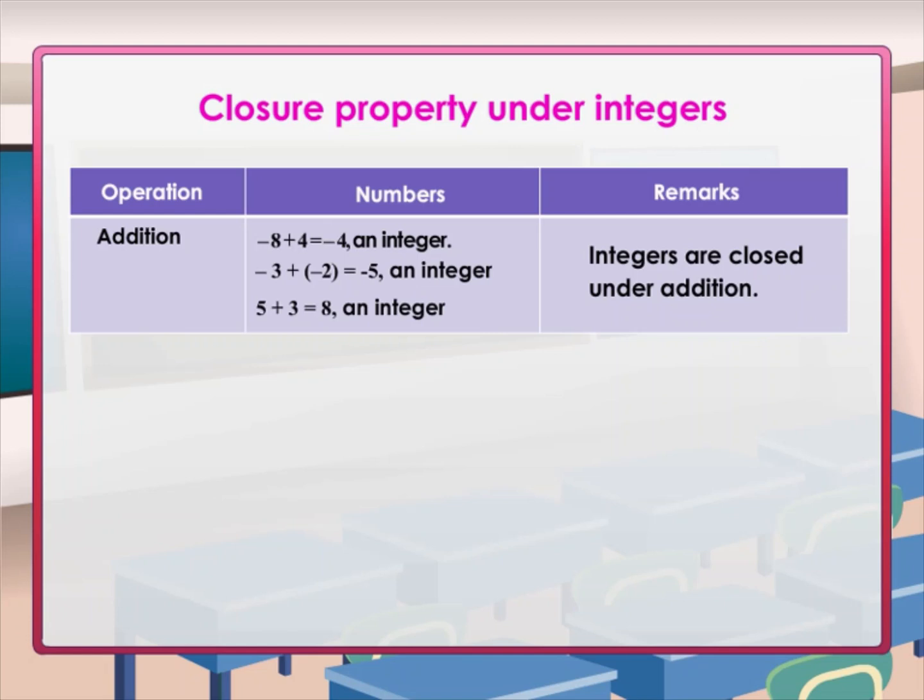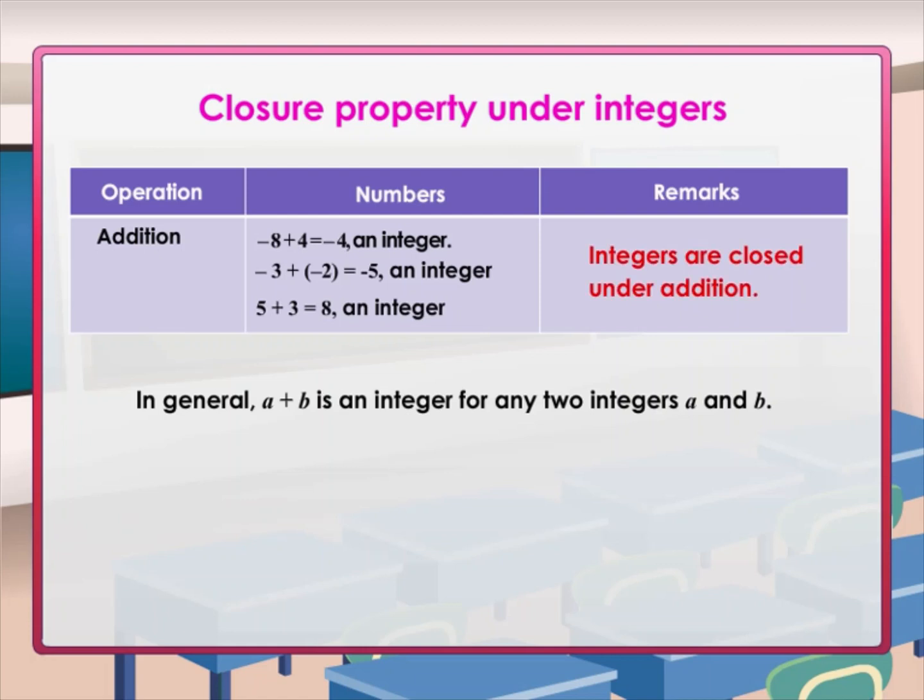Hence, if we add one negative integer and one positive integer, we get an integer. If we add two negative integers, we get an integer. If we add two positive integers, we get an integer. In general, a plus b is an integer for any two integers a and b. Hence, integers are closed under addition.